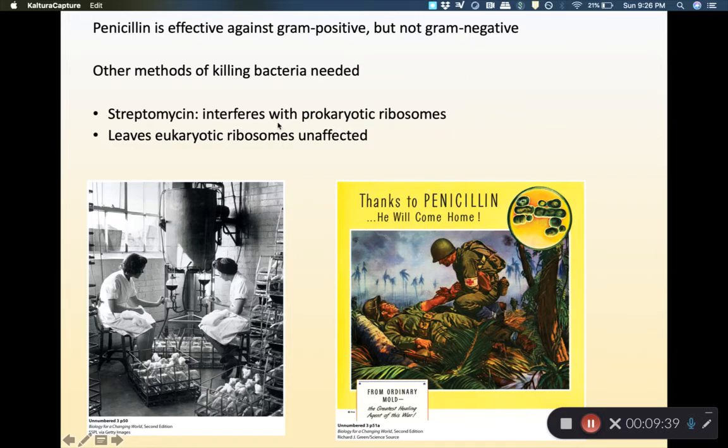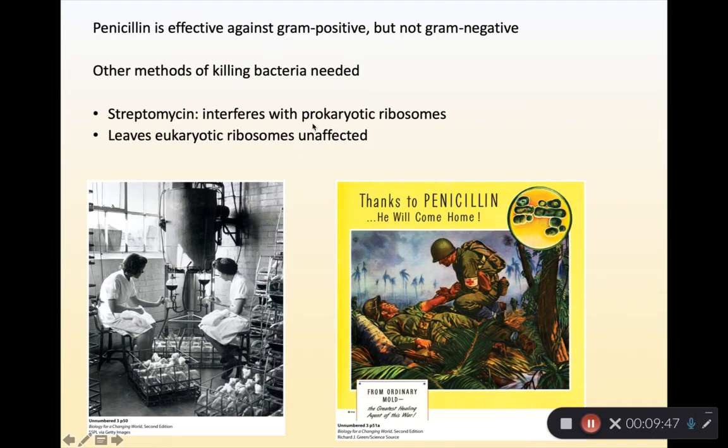A lot of what makes bacteria resistant or susceptible to different types of antibiotics depends on the structure of the cell wall, and that's what we're going to start to get into in our next lecture.